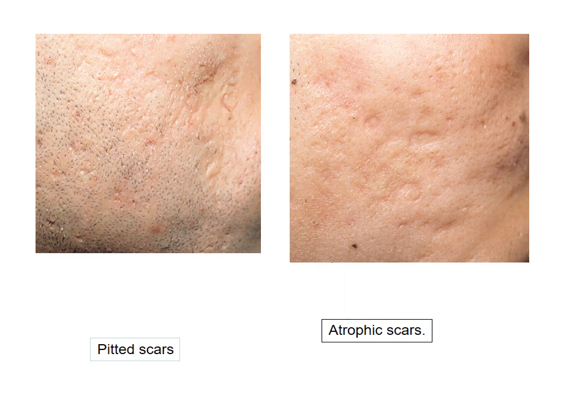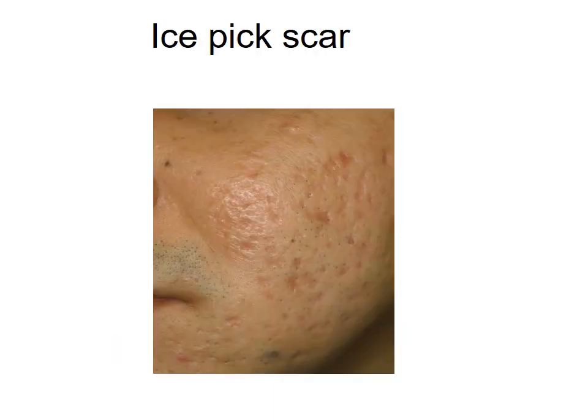Pitted scars, as you see here, atrophic scars. These disfiguring scars are a complication of improper treatment of acne. Also what are called ice pick scars, small pitted scars on the face, one of the sequelae of acne.